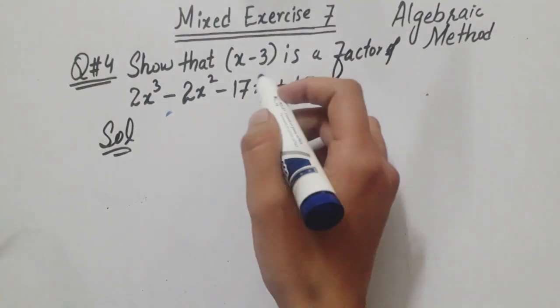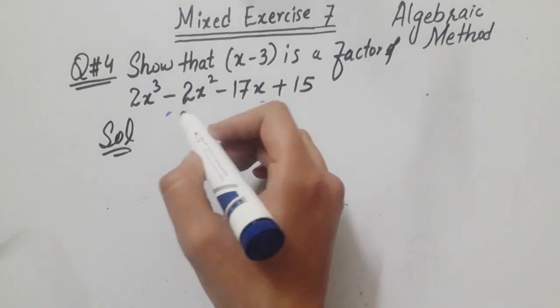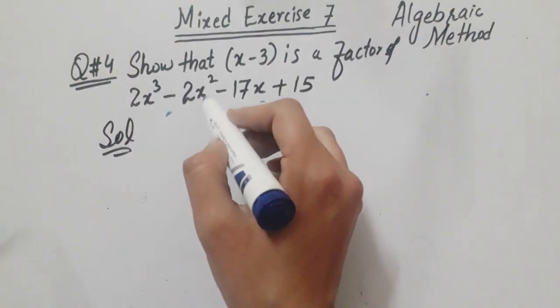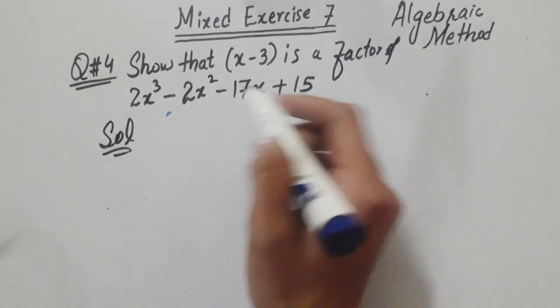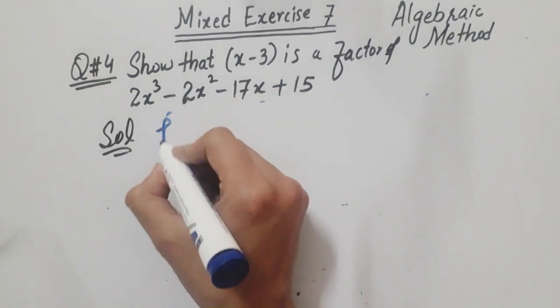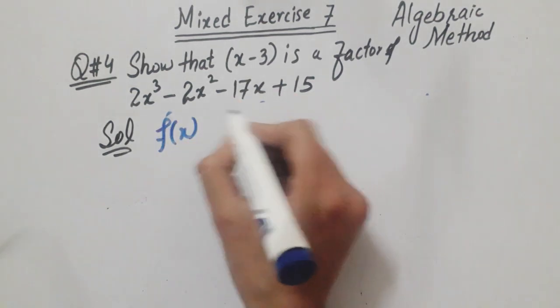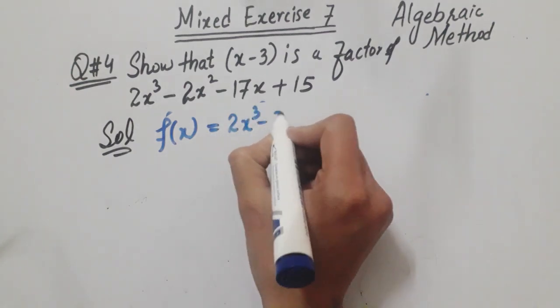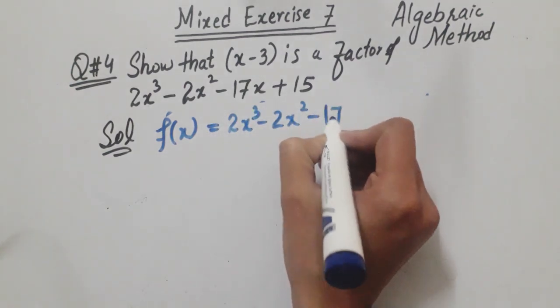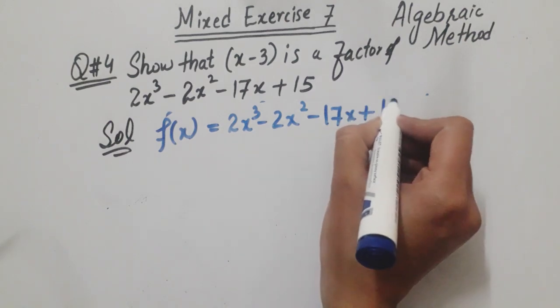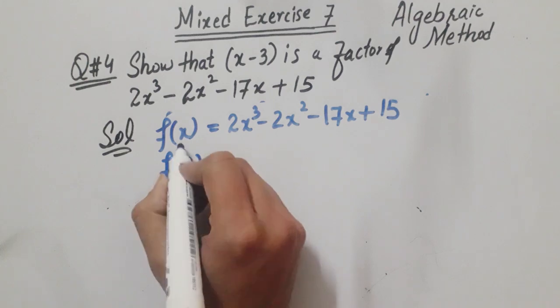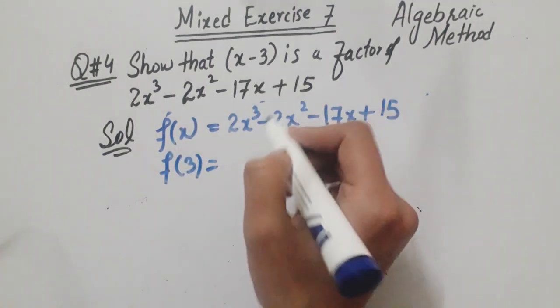show that x minus 3 is a factor of 2x cube minus 2x square minus 17x plus 15. First of all, we will take f of x is equal to this function, 2x cube minus 2x square minus 17x plus 15. Now put x is equal to 3 to prove that x minus 3 is a factor of this.